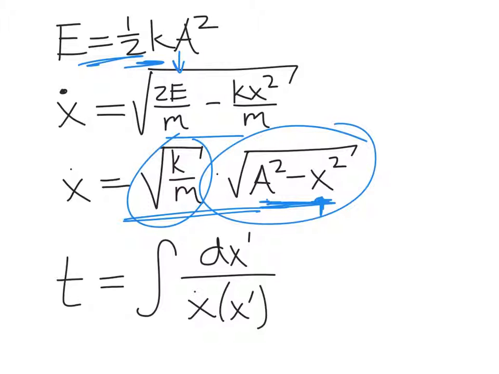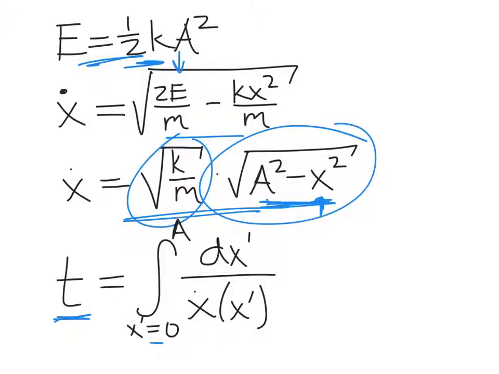I want to integrate this from x prime equal to 0 up to whatever the maximum amplitude is. And when we do that, that'll tell us the amount of time it takes for the oscillator to go from equilibrium all the way out to the maximum amplitude. In other words, that'll be related to the period of oscillation.